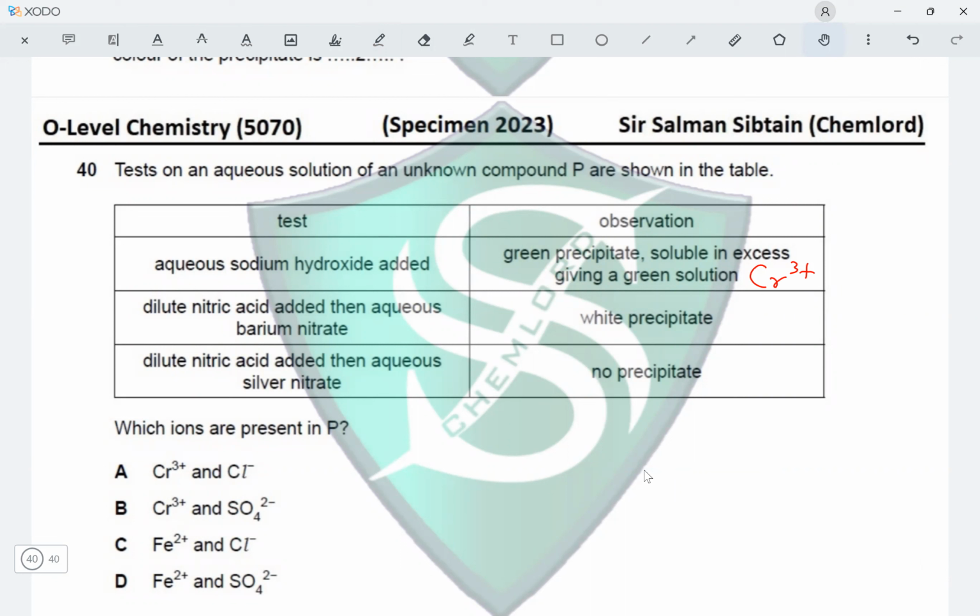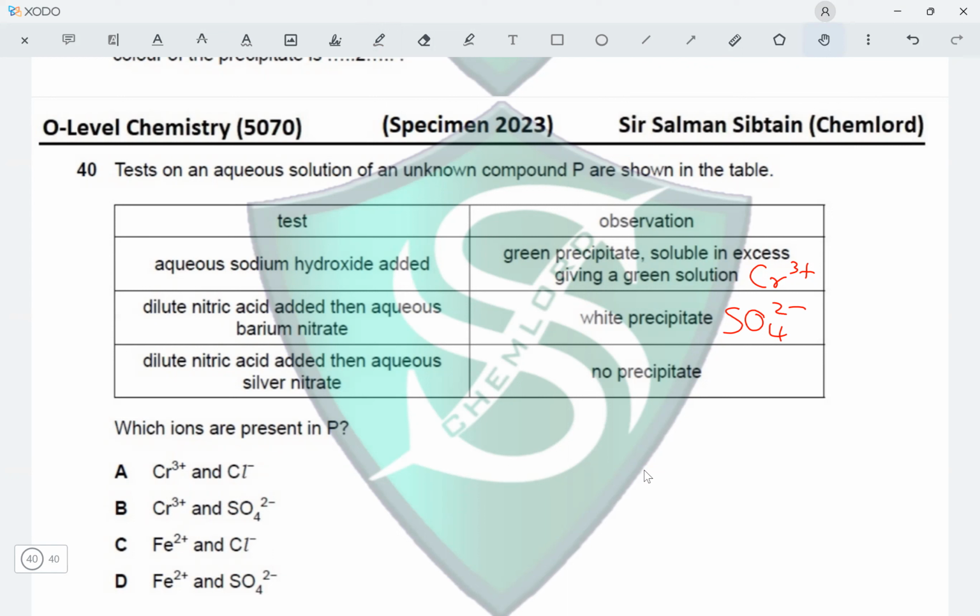Next test, dilute nitric acid added, then barium nitrate, and a white precipitate forms. This is a test for the presence of sulfate ions because a white precipitate of barium sulfate will form. Next, dilute nitric acid added and then aqueous silver nitrate. Silver nitrate is used as a test for the presence of chloride, bromide, or iodide ions.